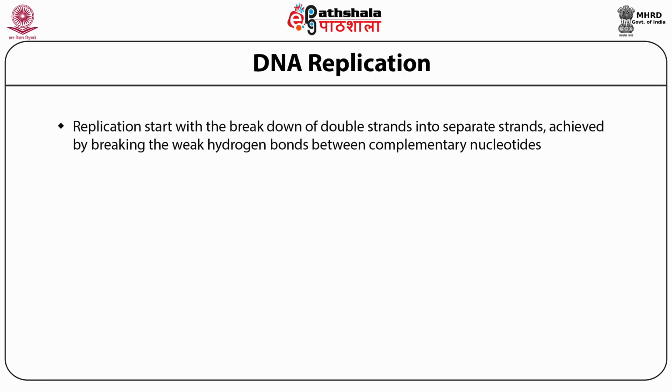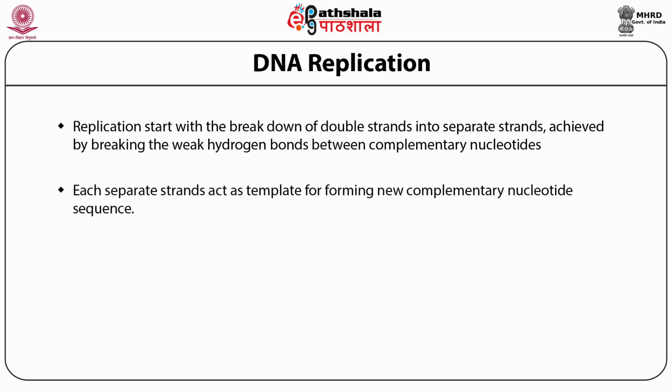Replication of DNA starts with the separation of the double strand into two separate strands by breaking the weak hydrogen bonds between the nucleotides. Each of these separate strands acts as a template for the formation of a new complementary strand of DNA by assembling nucleotides.